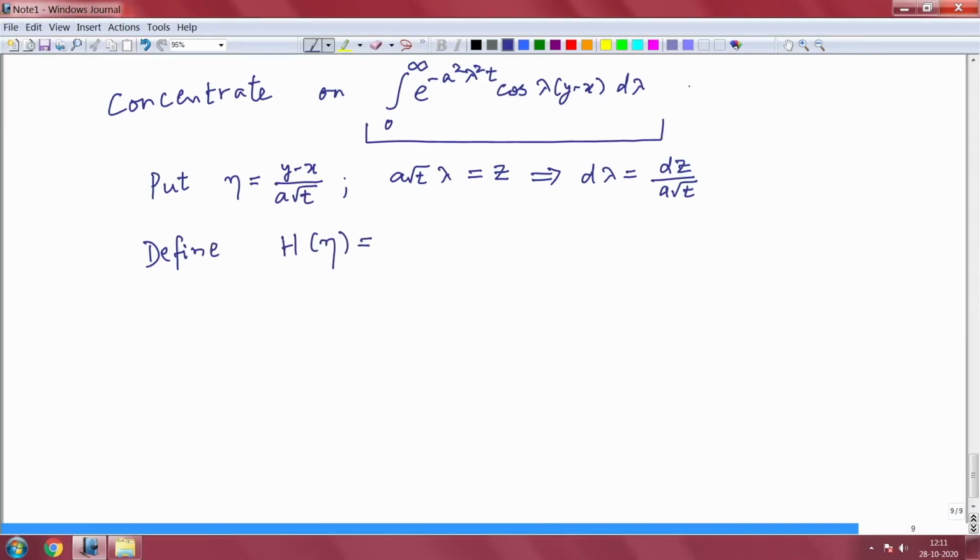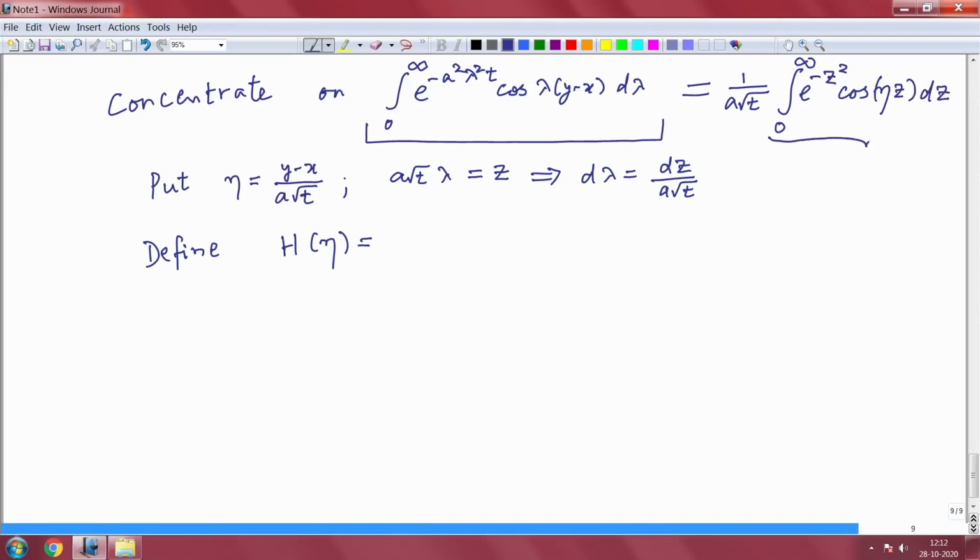1 by a root t, which is coming from this change of variable, and then you have the integral from 0 to infinity of e to the minus z square cos eta z dz.